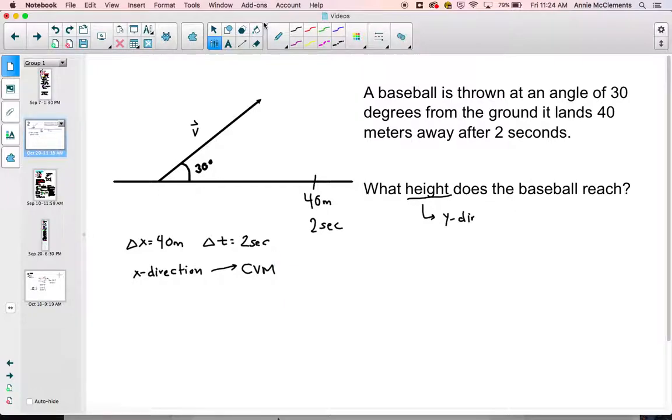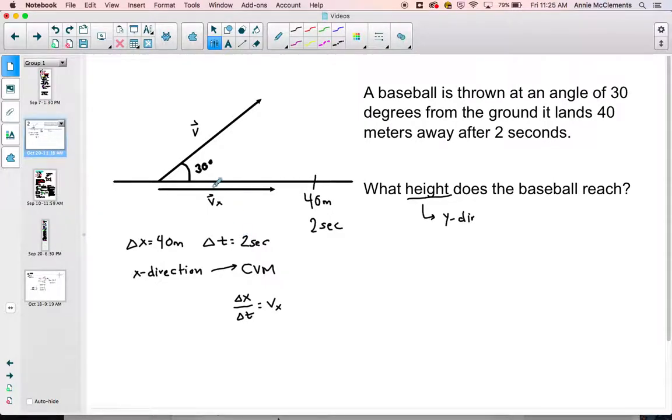In other words, this motion, represented by the vector component in the x direction, v sub x, follows CVM. So we can use the equation from CVM: change in position, displacement, over change in time is going to equal the velocity in the x direction.